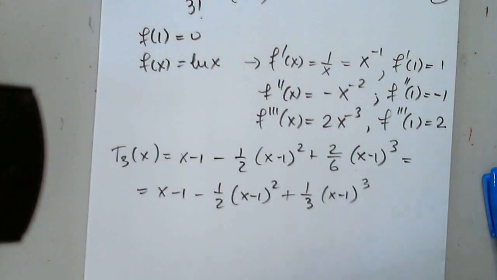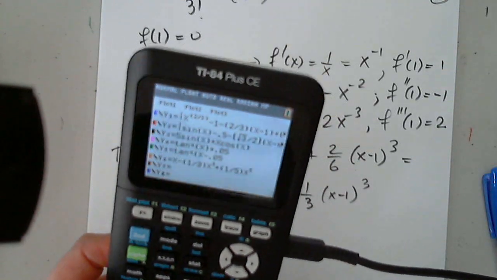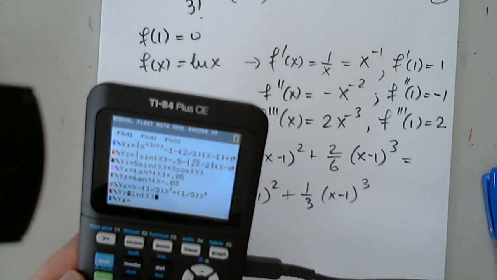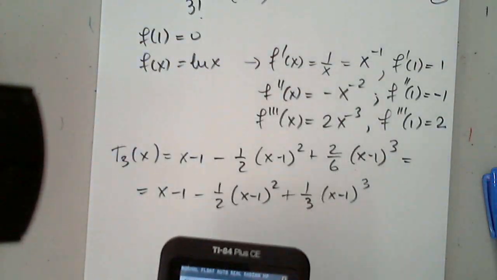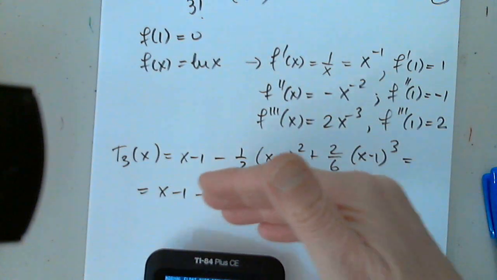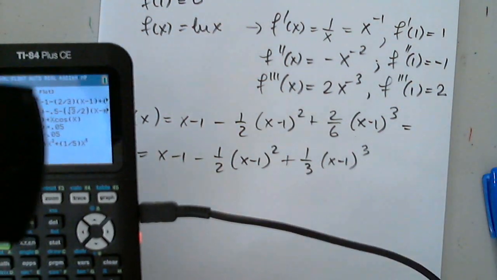Since we are talking about 1, I'm just going to put in natural log x first of all. Then I'm going to put in this long polynomial. Yes, we could have expanded it and cleaned it up and simplified it, but it's good enough.